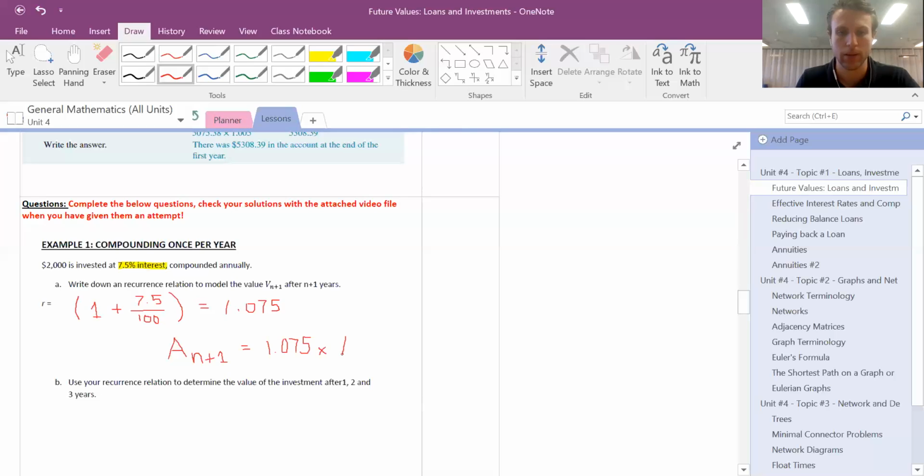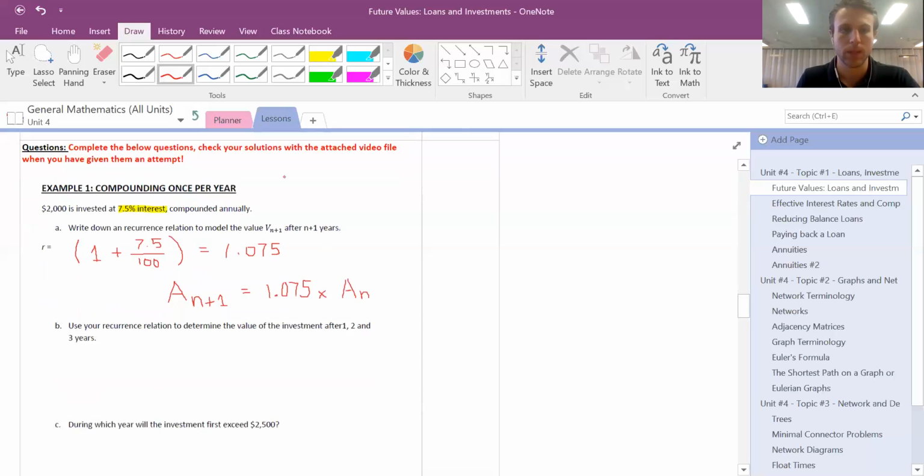So generic, and I'm keeping it generic even though I know that we're going to insert $2,000 for the investment, but that's because maybe they'll change their mind at the last moment. Maybe they'll invest a little bit more, maybe a little bit less. Maybe I'm going to use this for somebody else. So there is our generic recurrence relationship, and you can alter that if you wanted to go 1.075 times 2,000 if you know that investment isn't going to change.